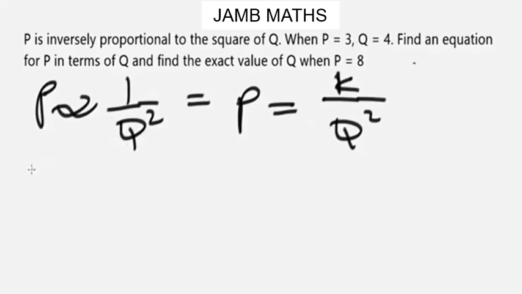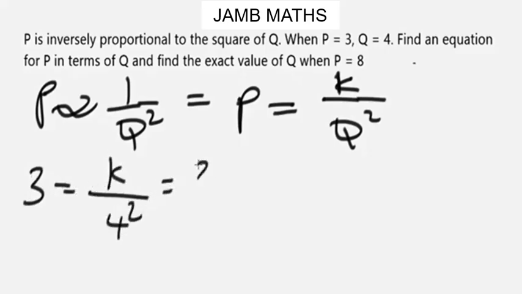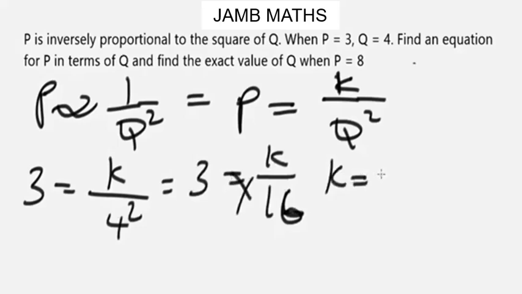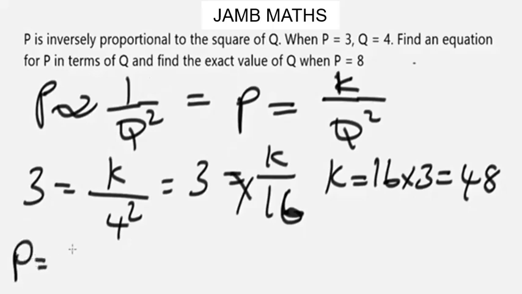So we have 3 equals k over the square of 4. This is 3 equals k over 16. So you cross multiply: 16 times 3 gives us 48. That means the equation for p in terms of q will be p equals 48 over q squared.